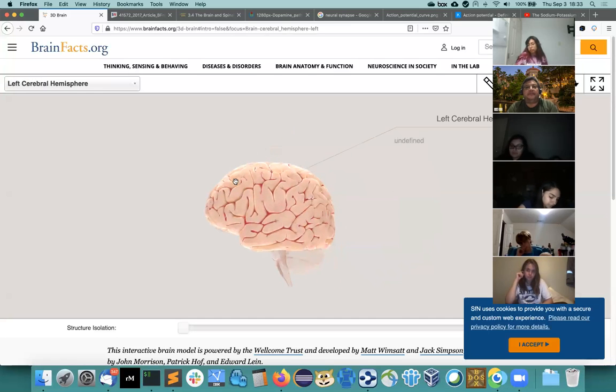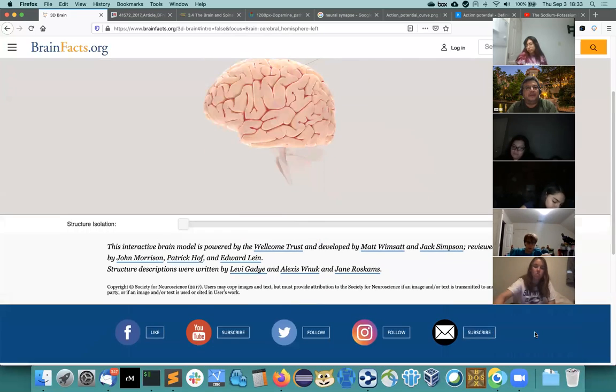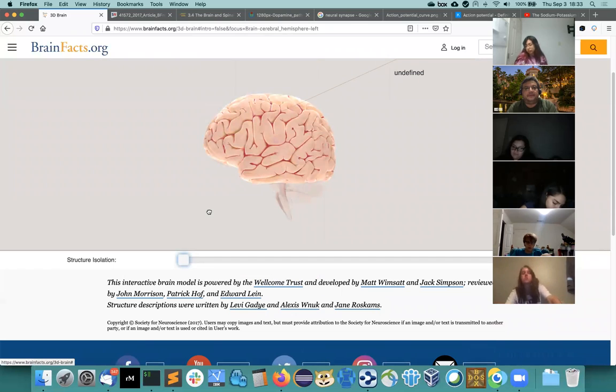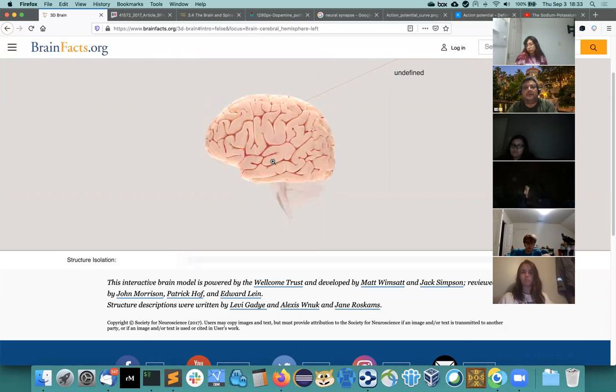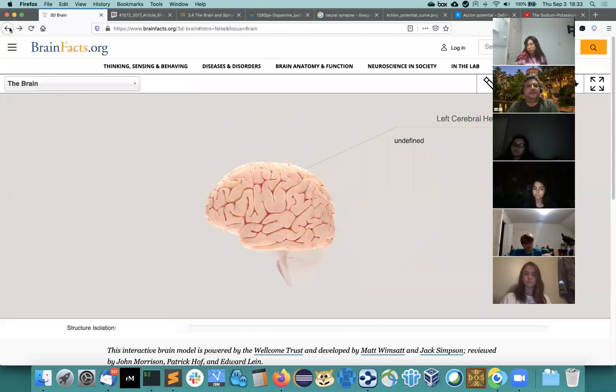So let me see if I can find the lobes here. Structure isolation. I accept. What does this do? It's going to let me find the lobes. No, it's not going to let me find the lobes. Let me see if I can find a good picture of the lobes for you here.